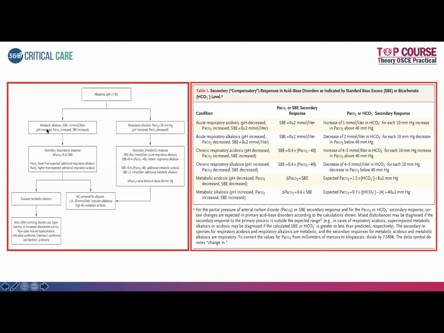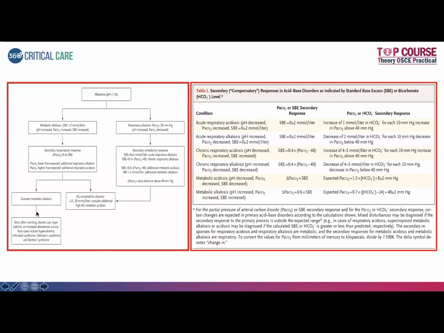For alkalemia it is similar. In metabolic alkalosis, the base excess is more than 2, pH is increased, PCO2 is increased, and for the secondary respiratory response, the expected PCO2 is 0.6 times the standard base excess. If the PCO2 is lower than expected, it is additional respiratory alkalosis. If PaCO2 is higher than expected, additional respiratory acidosis. Then evaluate the causes of metabolic alkalosis.